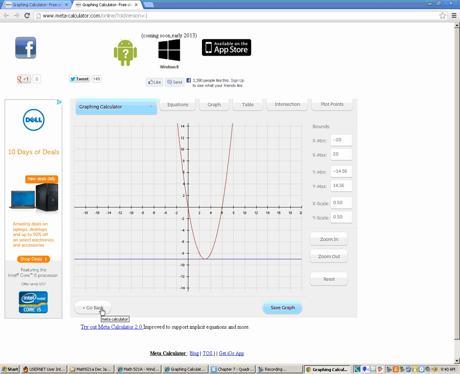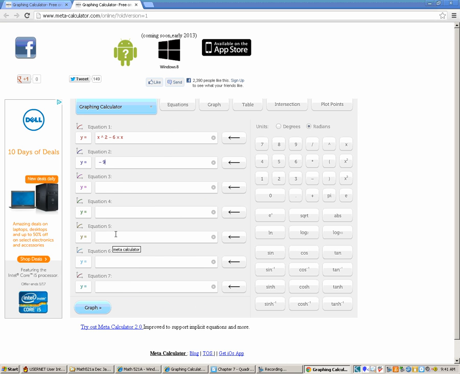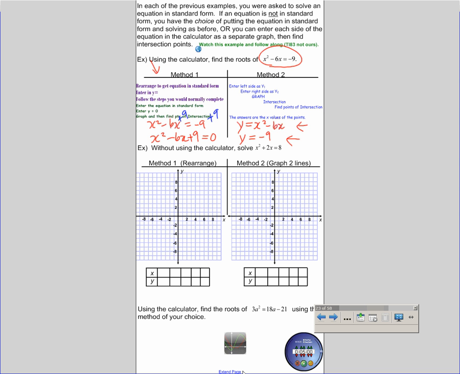If I hover with the mouse, it should be right about where it's at, but I will double check that one. Let's go back and try it the other way. Did I pick the right one? Yeah.